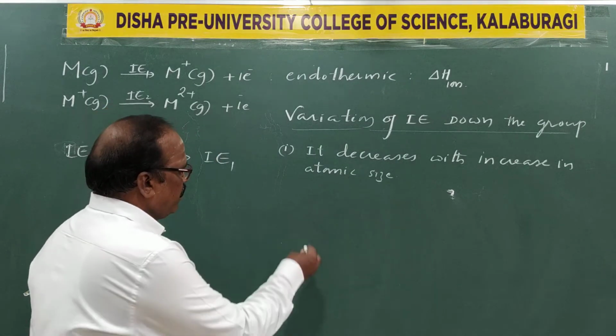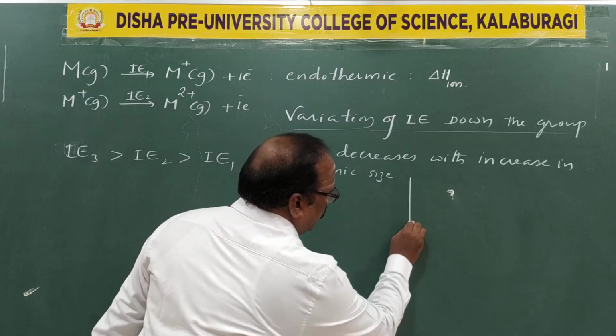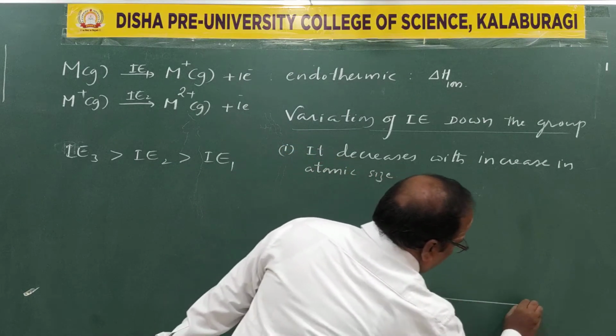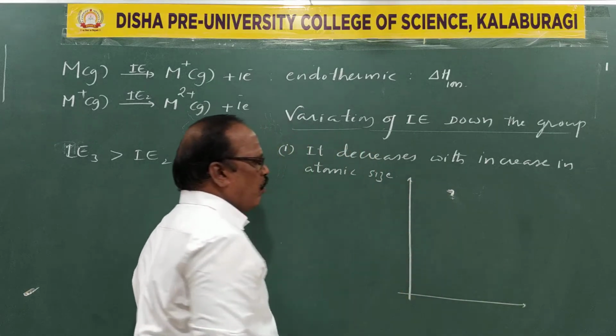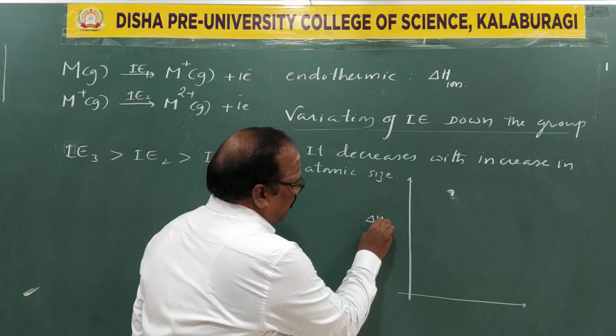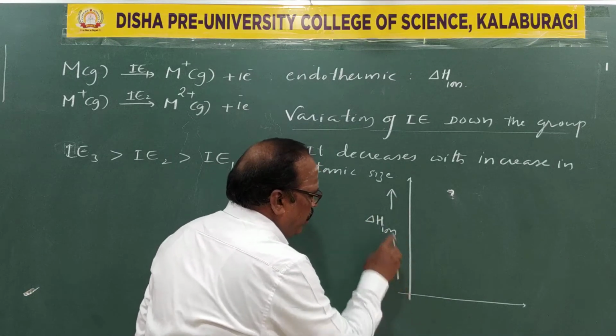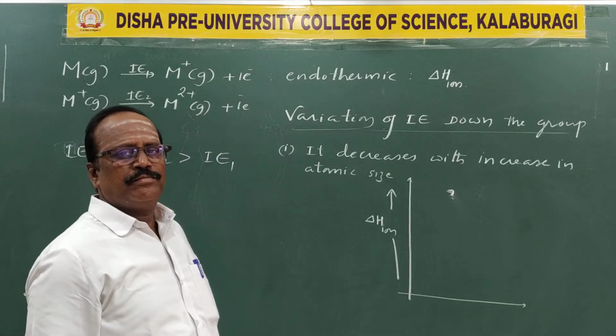Now we take a graphical representation for this. Take this graph. Along the y-axis we take ionization energy, written as enthalpy of ionization.